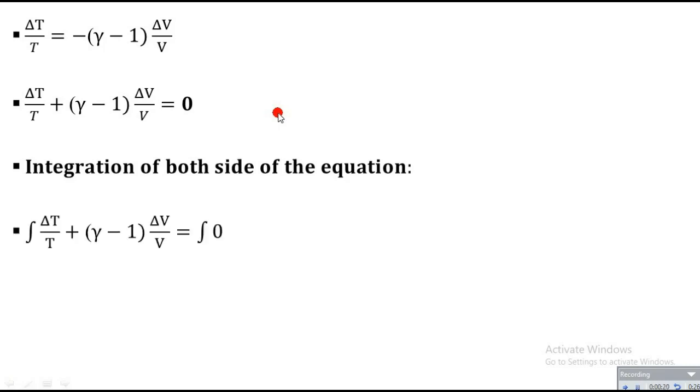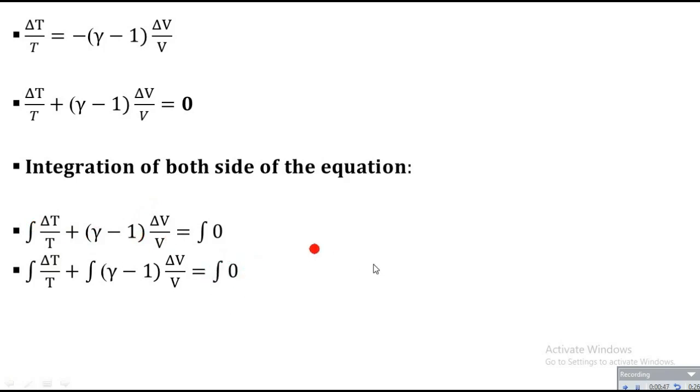We are going to put the integration here: integration of dT over T plus integration of gamma minus 1 dV over V is equal to integration of 0.